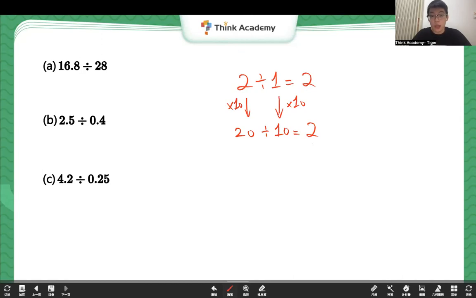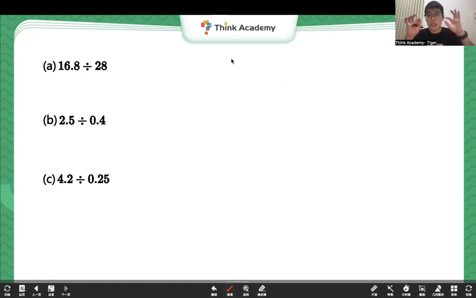Okay, so once we establish that, the first step of any decimal division is going to be turning it into a normal division by multiplying the same number on both the dividend and the divisor.